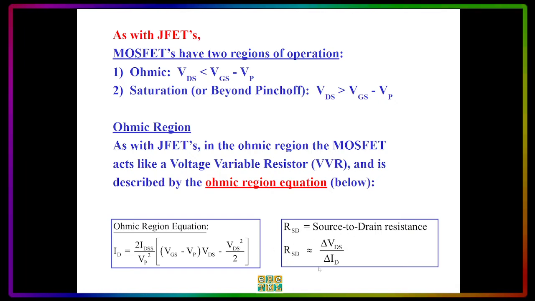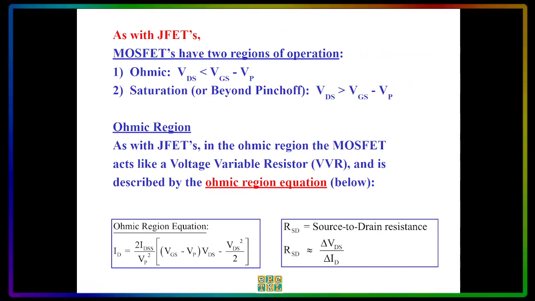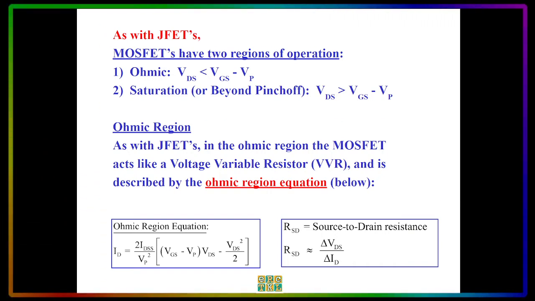The source to drain resistance is called RSD, and this is approximately equal to delta VDS divided by delta ID, where delta refers to the difference between 2 points of the VDS, and the difference of the 2 points of ID will be called the delta ID.